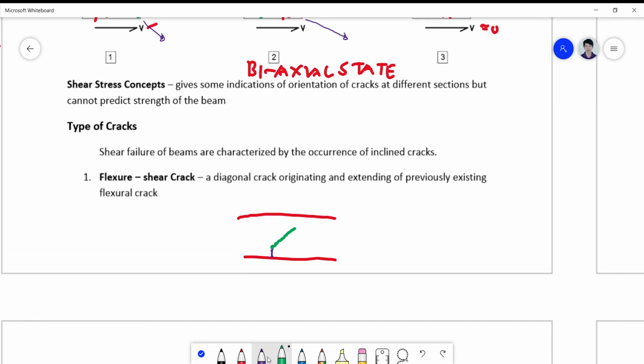So this vertical crack here is your flexural crack, and this diagonal crack here is your shear crack. Okay, shear cracks are sometimes called diagonal cracks.